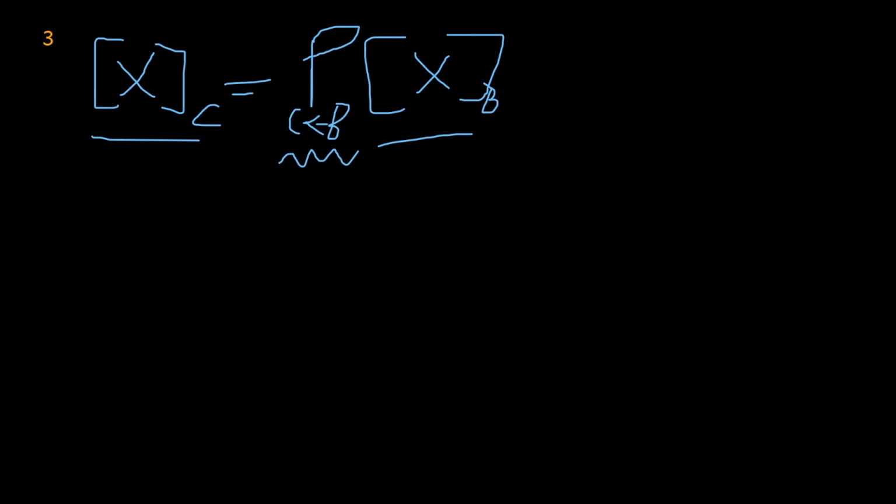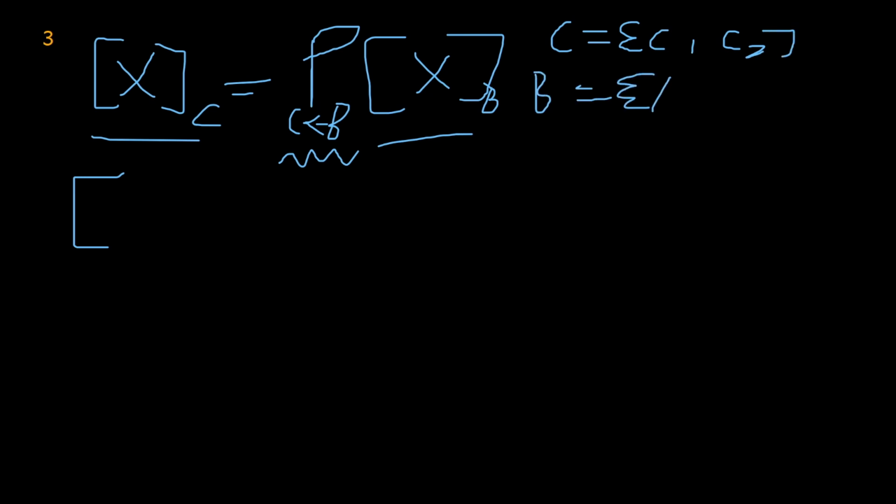So let's write some notation so we can understand what's going on here. You have C1, which is going to be a basis, which equals C1, C2, and then you have your basis B, which is going to be B1, B2, and then you're really just augmenting these two to find this change of basis matrix.